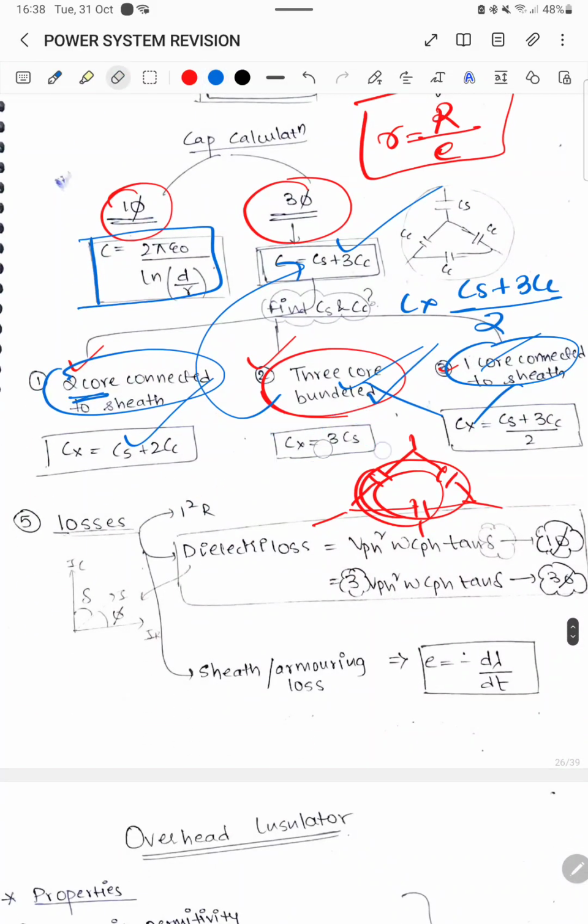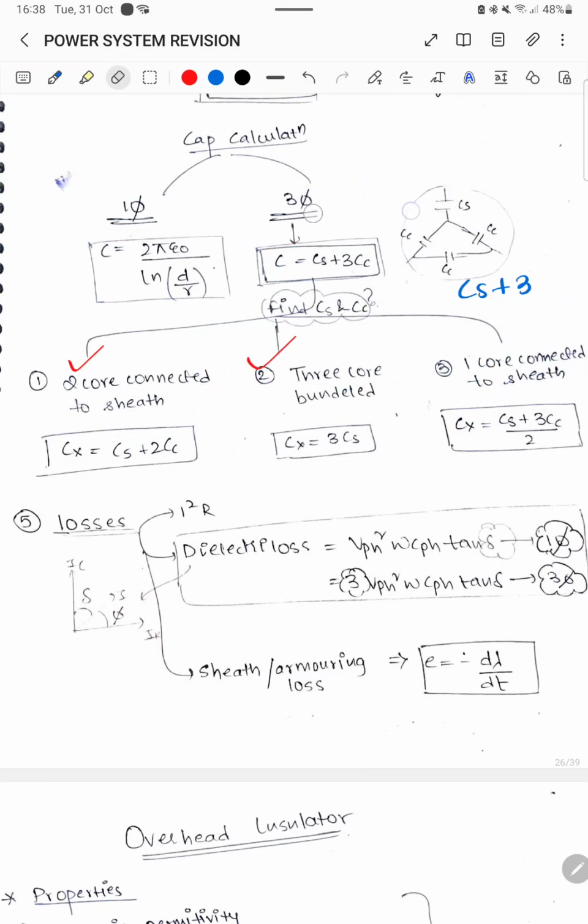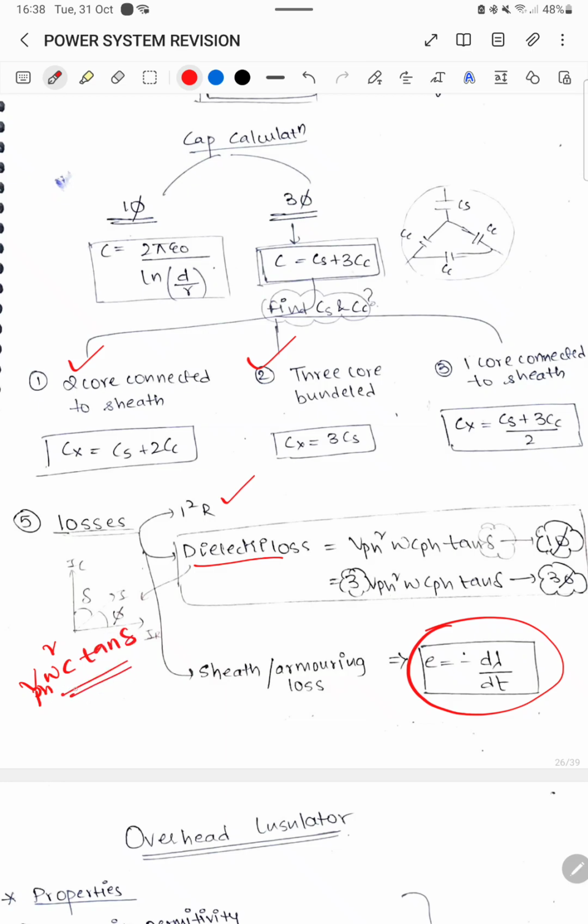Then coming to losses, there will be three kinds of losses: I square R losses, dielectric losses, and sheath or armoring loss. Armoring loss, sheath loss, is nothing but eddy current loss. I square R losses are known. Dielectric loss is nothing but V phase square omega c, with one factor added, which is tan delta.